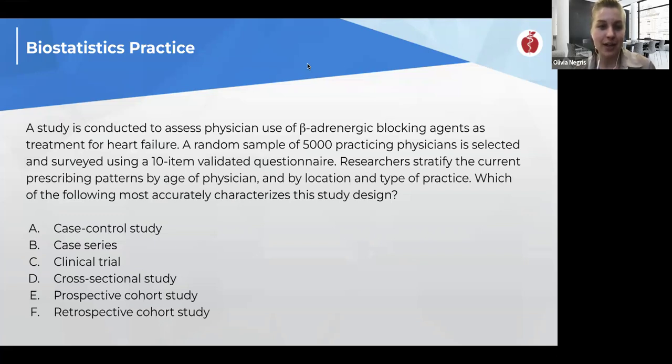Researchers stratify the current prescribing patterns by age of physician, location, and type of practice. So which of the following options A through F is going to let us know what type of study this is?